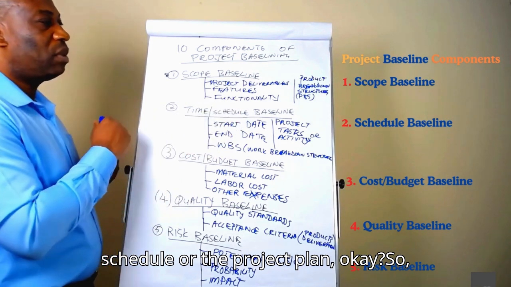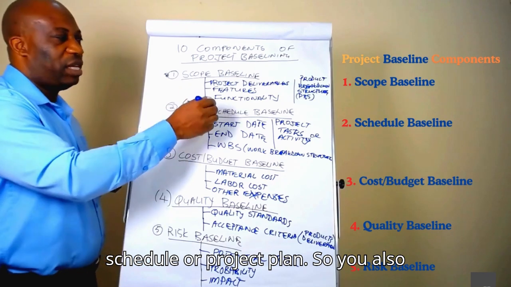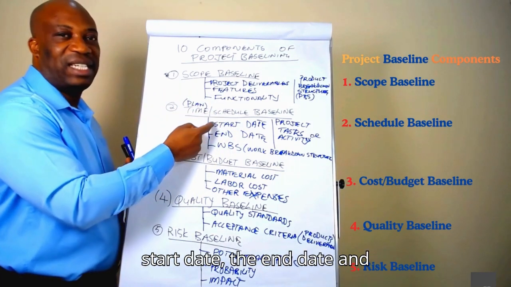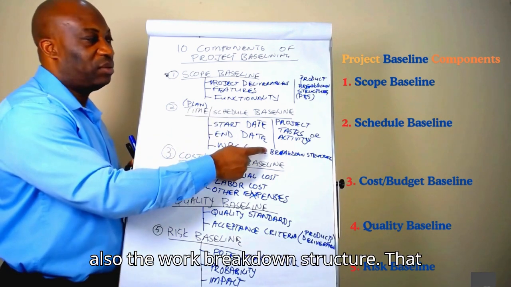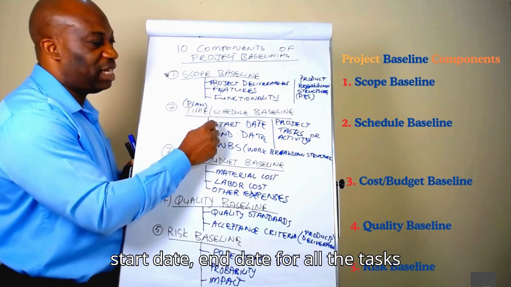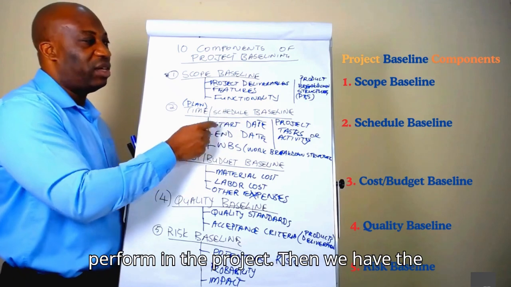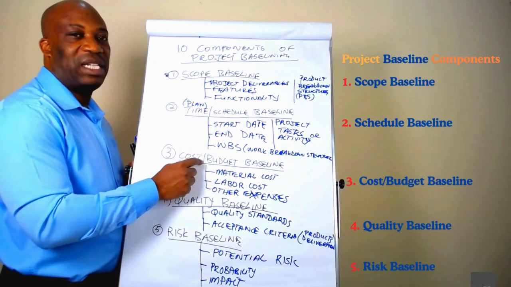So you need to baseline that in terms of the start date, the end date, and also the work breakdown structure. That is very, very important. So you put the start date and end date for all the tasks and activities that you are going to perform in the project. Then we have the 3rd one, which is the cost or budget baseline.